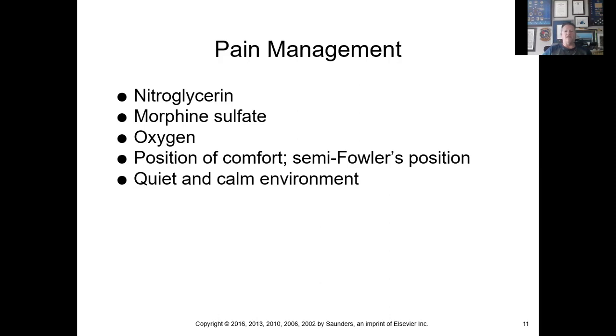And then the last one, and it's not mentioned in here, which is kind of surprising, and it is aspirin. You load them with, as nowadays, two regular aspirin, you have them chew it up. I know it sounds awful, and it kind of tastes awful. You can give them a little sip of water to help get it down. But they find that it starts to work buccally inside the mouth.